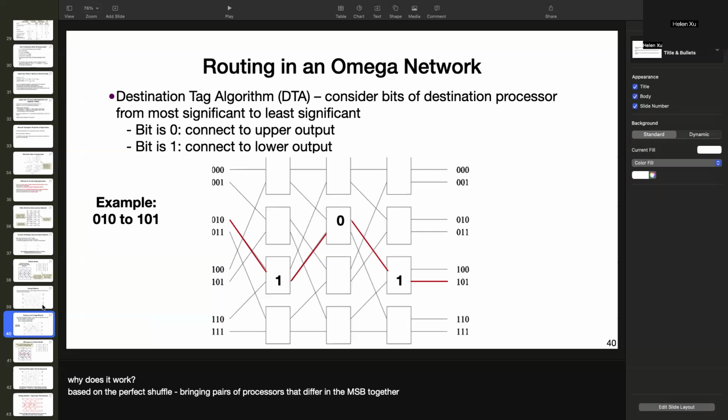Do most modern architectures use the Omega network or some variant of it? It's a good question. Networks are very varied.